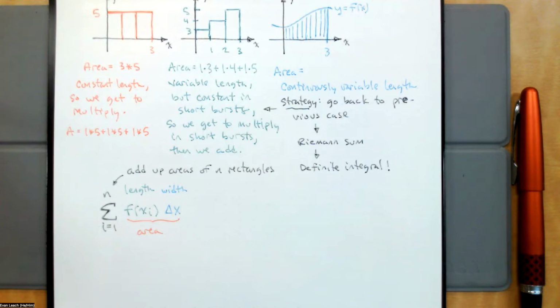This is just our approximation. When n gets bigger, we get a better approximation. We're increasing the resolution of our picture. And then calculus comes along and says, just keep doing that forever.